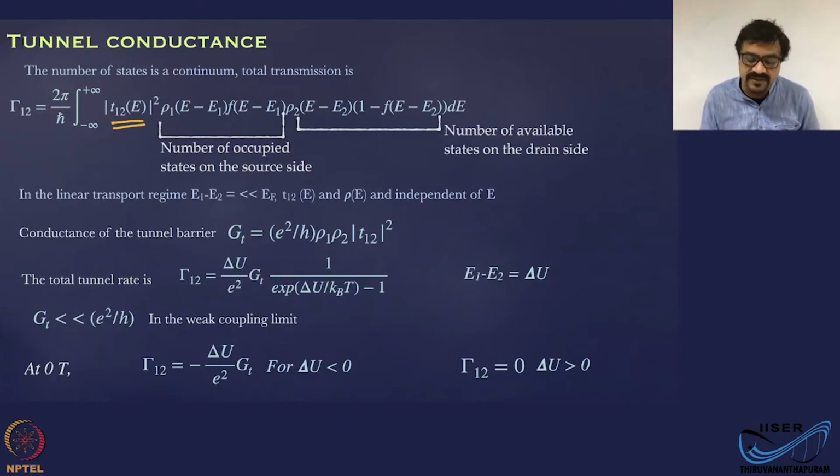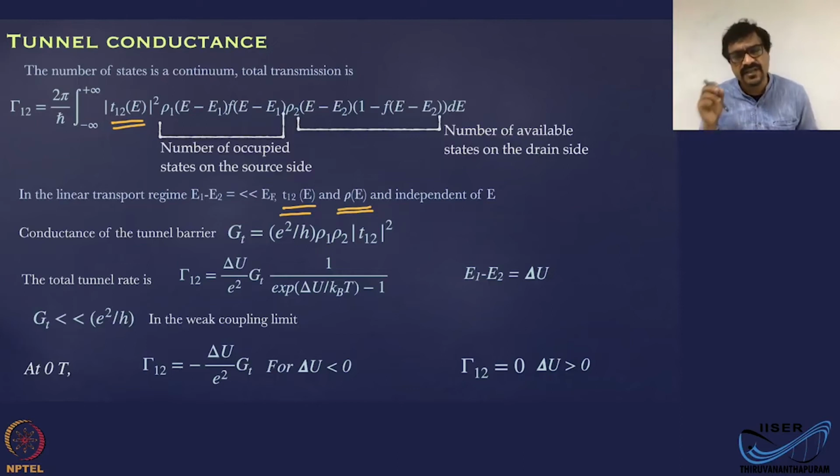What that means is E1 minus E2, the energy difference between two sides, is far less than the Fermi energy. Okay, that means even though you have energy dependence for the transmission coefficient T and the density of states, we are discussing a very small energy range where both of these you can assume to be independent of energy.